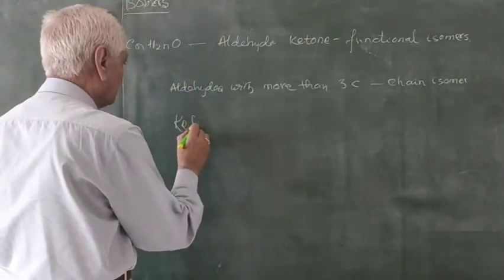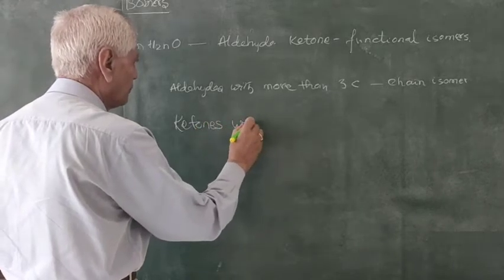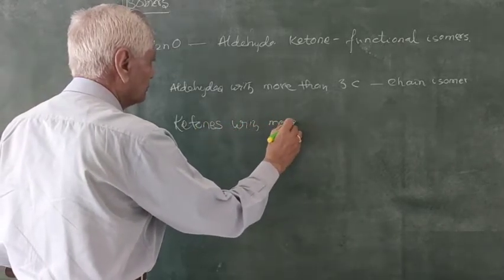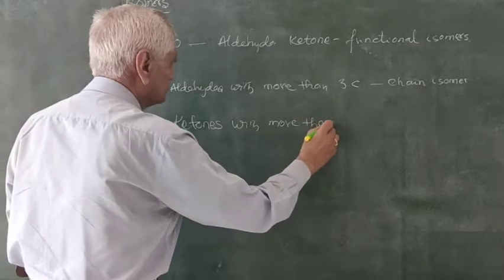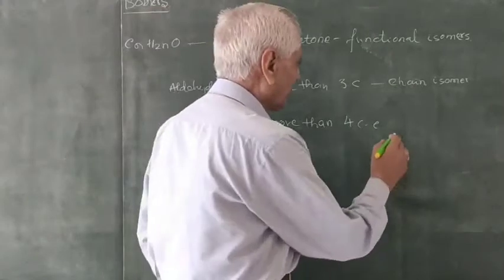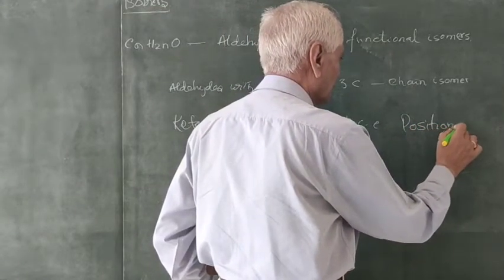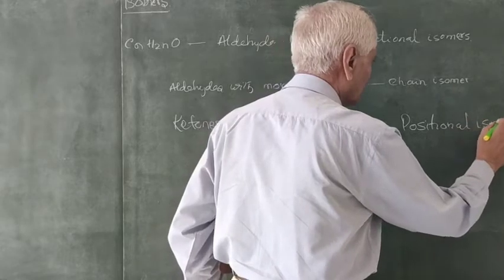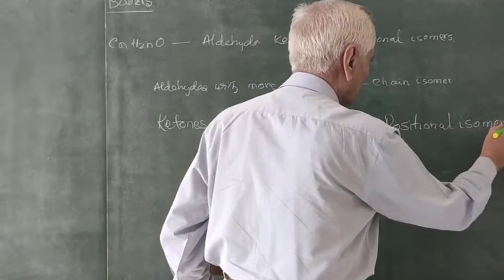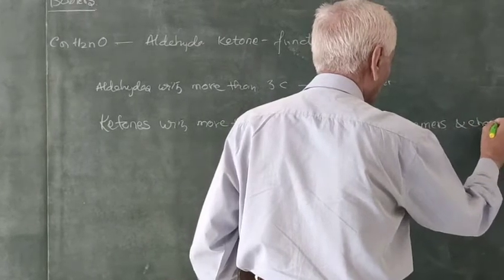Ketones with more than 4 carbon atoms, position isomers and chain isomers are possible.